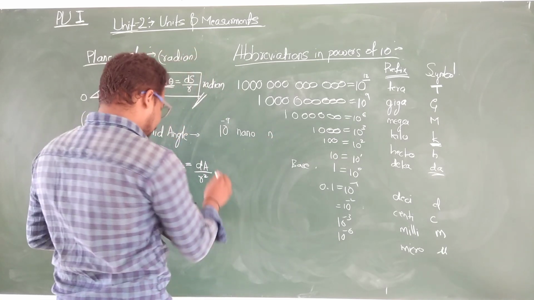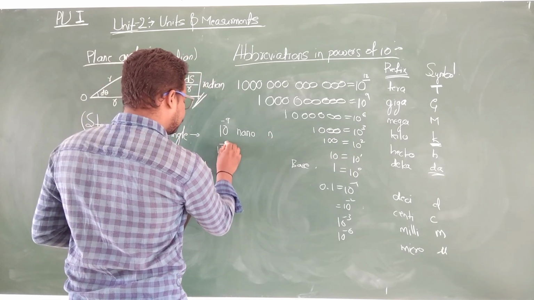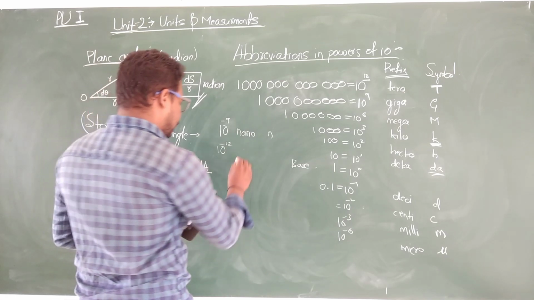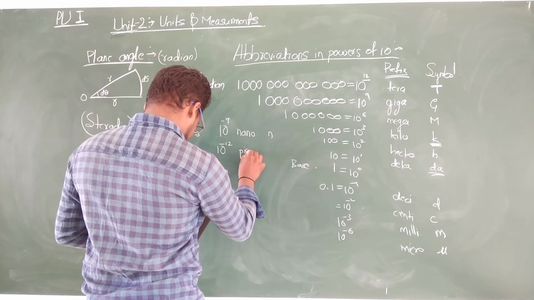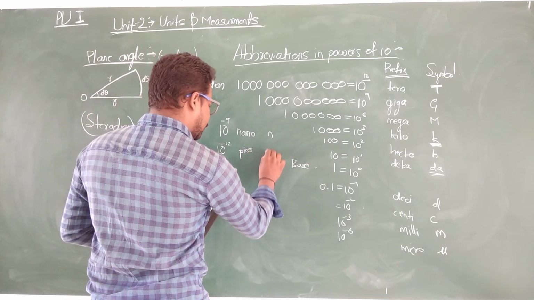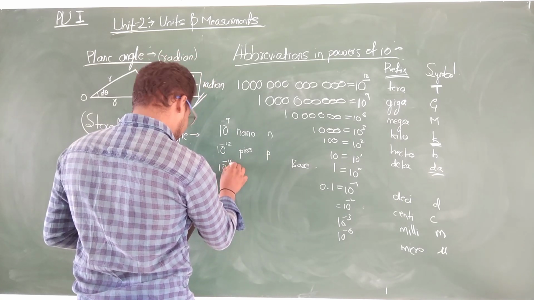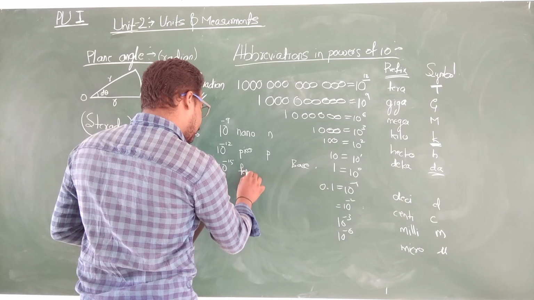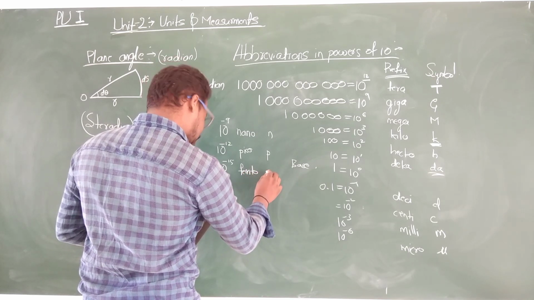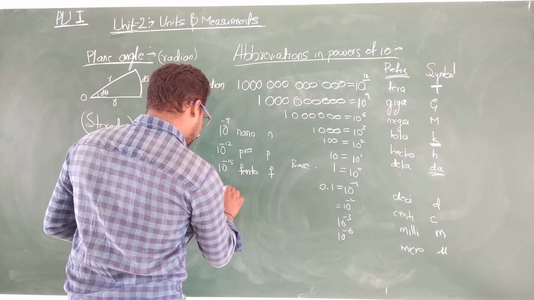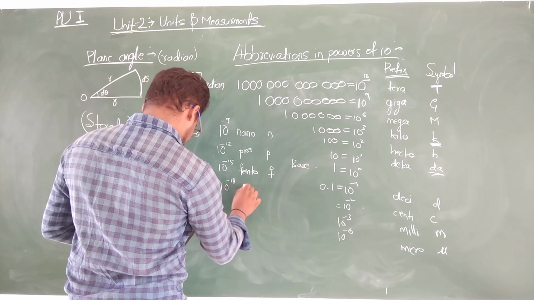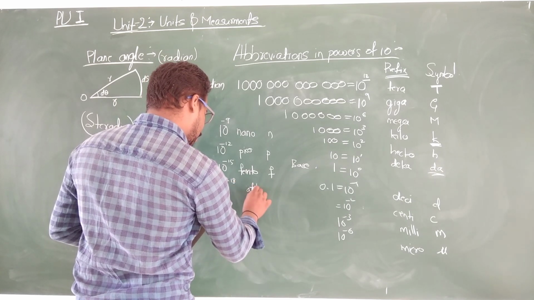Next, 10 to the power minus 12 is pico, denoted as small p. Next, 10 to the power minus 15 is femto, and 10 to the power minus 18 is atto.